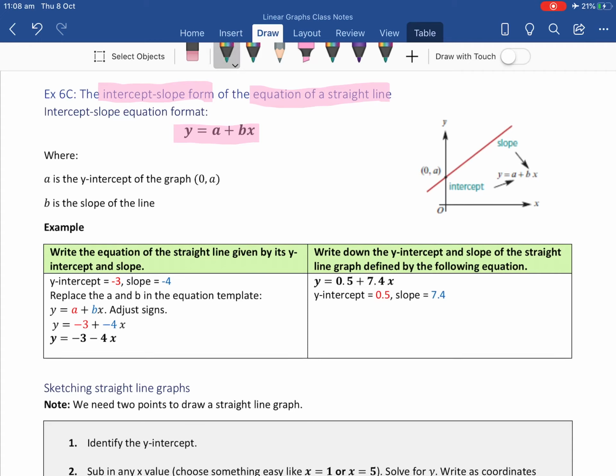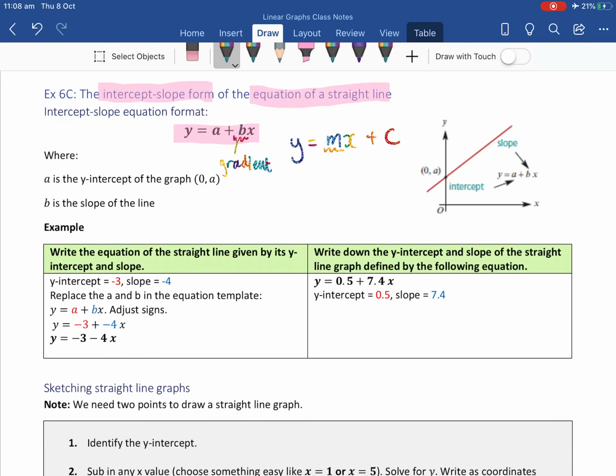Now you might be used to seeing y equals mx plus c. These are the same thing. You're probably used to m being your gradient, the number next to the x. Well, in this format, the number next to the x is b, but it still means the gradient.